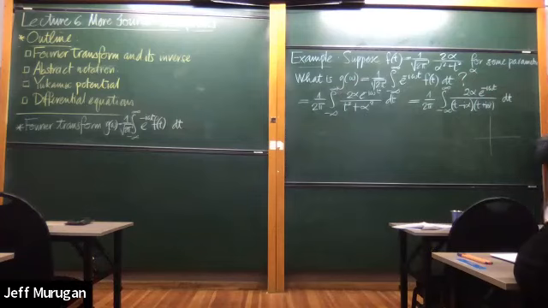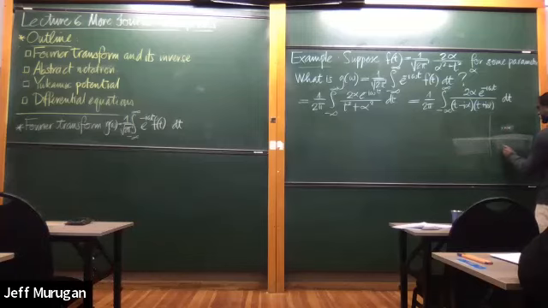So on the tau plane, I have two values, plus i alpha, and on the opposite side of the real axis, the value minus i alpha. These two are special points because they're poles of this integrand.